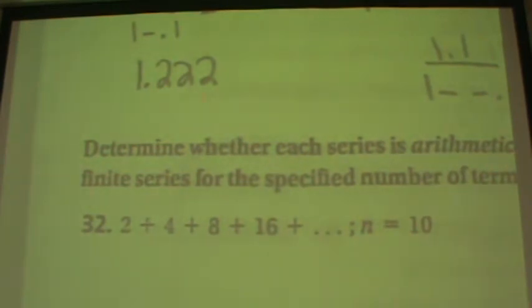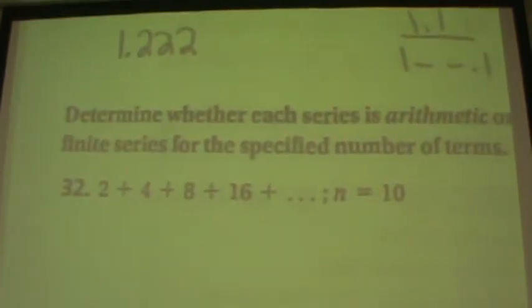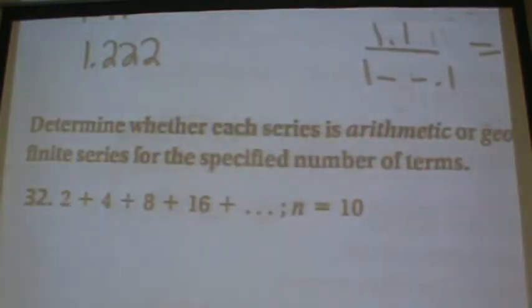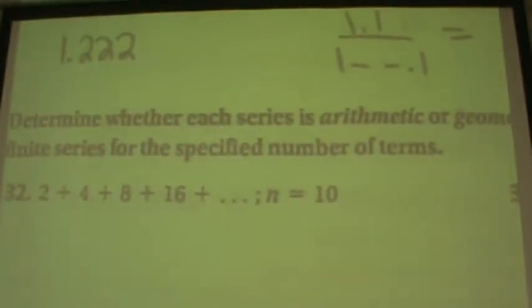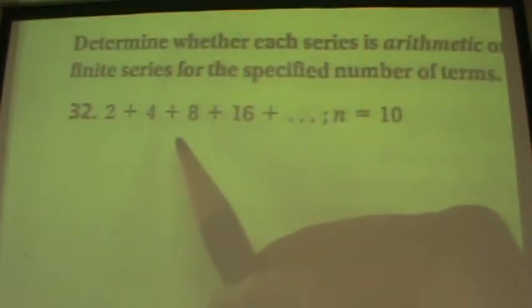Okay, go to 32. Let's read the directions. It says, determine whether it's an arithmetic or geometric series. Now, if it's arithmetic and they're asking you to add a certain number of terms, is this one arithmetic or geometric?